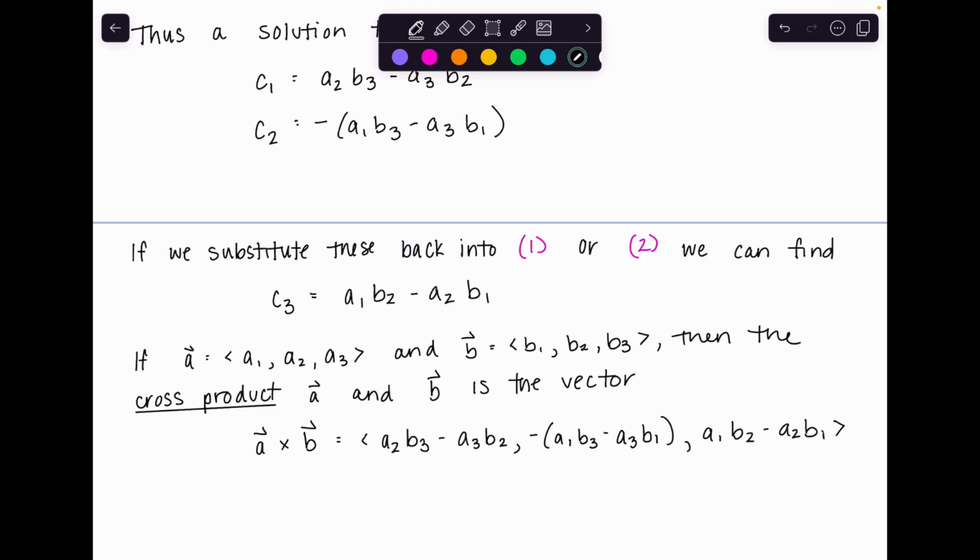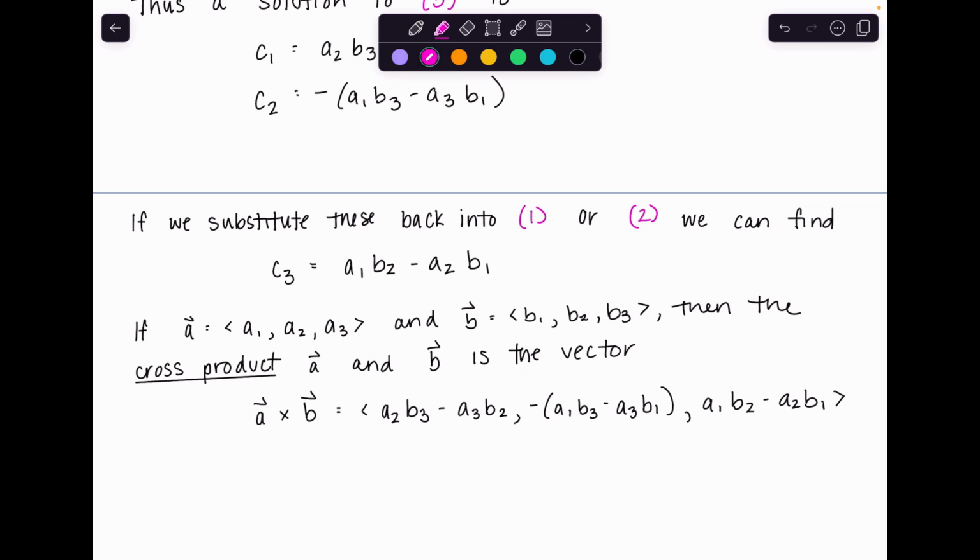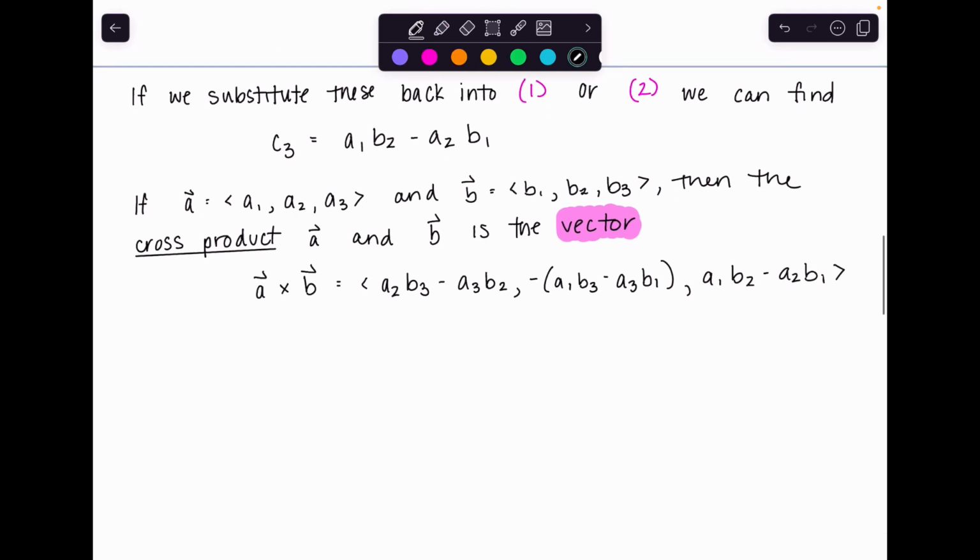Okay. So the key here that you have to recognize, the dot product results in a number or a scalar. This cross product is going to result in a vector, okay? So you have to make sure you understand that fundamental concept. You don't want to be taking a cross product and result in a number, or vice versa.